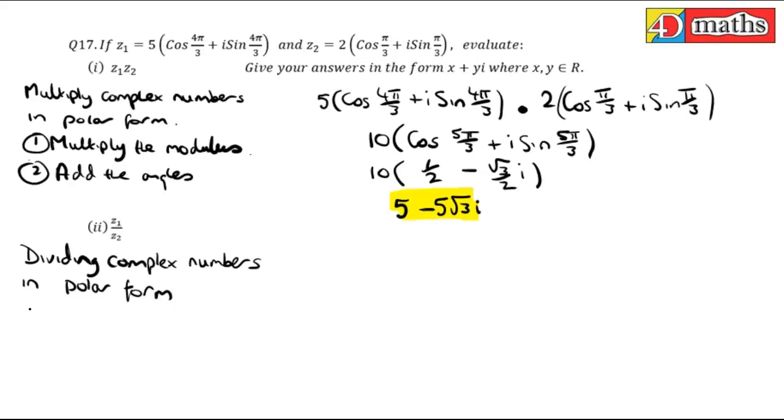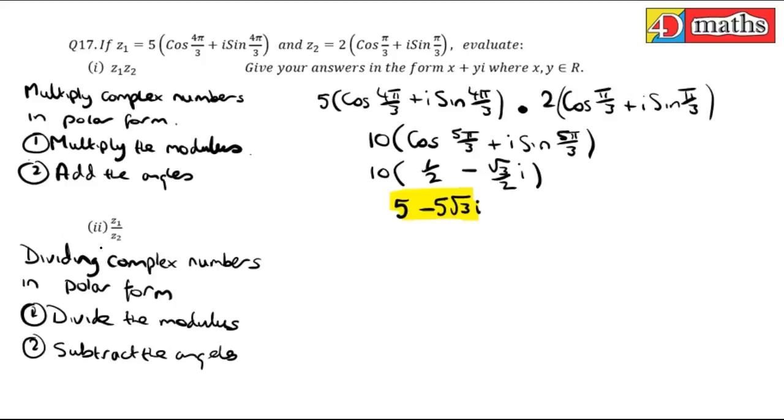You don't multiply the modulus, you divide the modulus, and so that's number one. And number two, you subtract the angles.